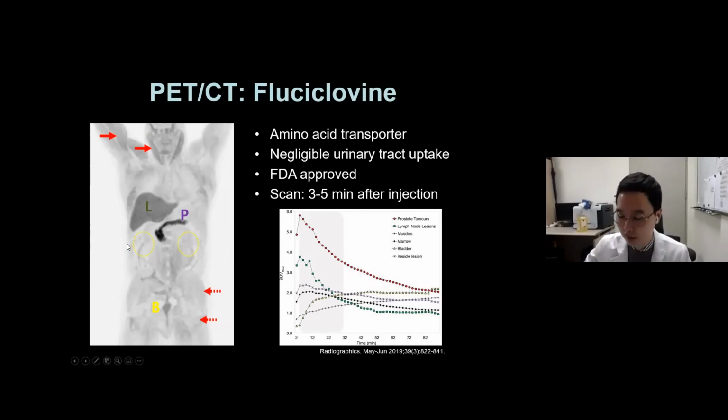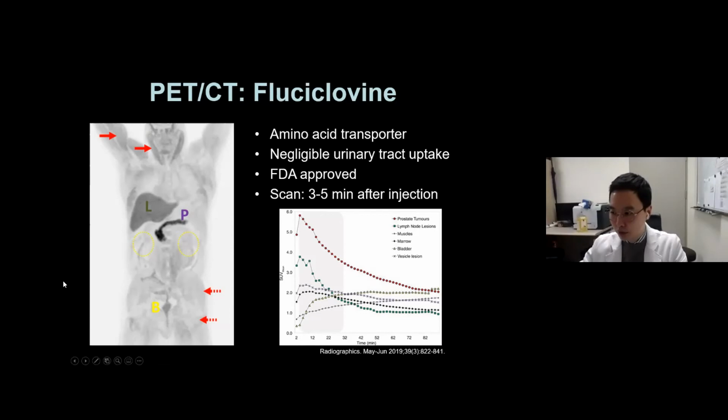As you can see here, the kidney uptake is negligible for this fluciclovin, and the bladder or urinary tract is not that prominent on the fluciclovin PET. It is also approved by the FDA and European Commission, so it can be used for clinical purposes in those countries.